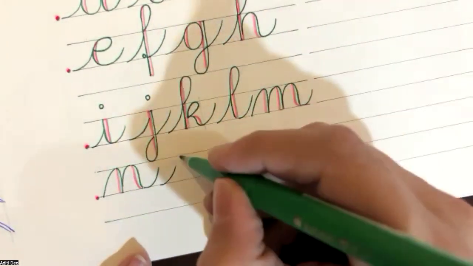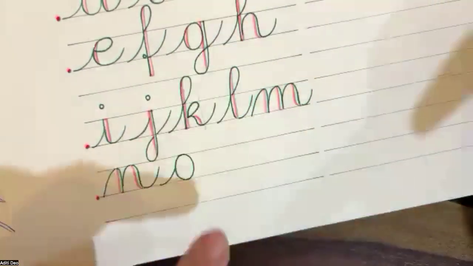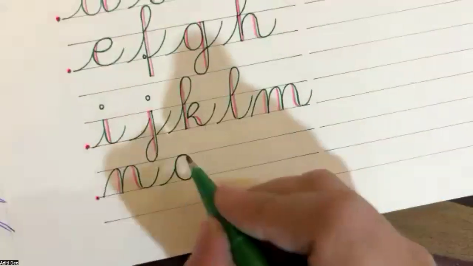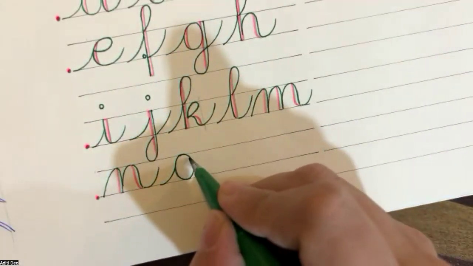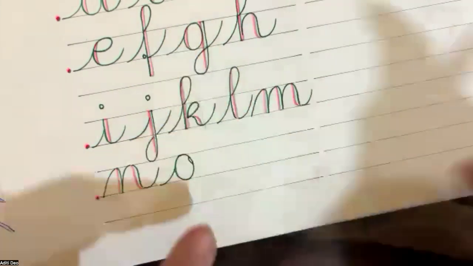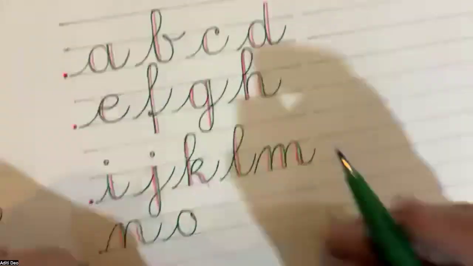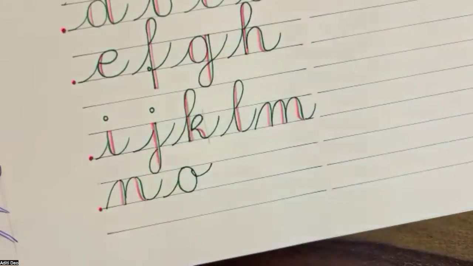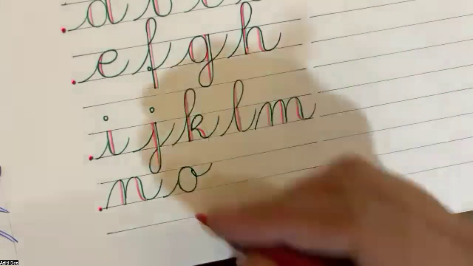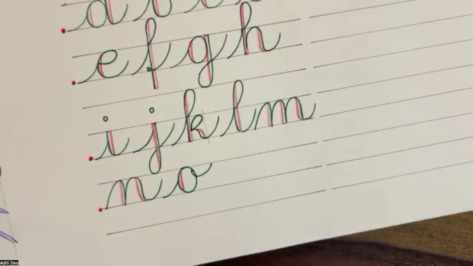O, which is just an oval shape, but O has again a weird exit stroke. So don't make the O like a big loop on top. Even that has a very tiny blind loop like the B, and an exit stroke like the W. Is everyone with me so far?